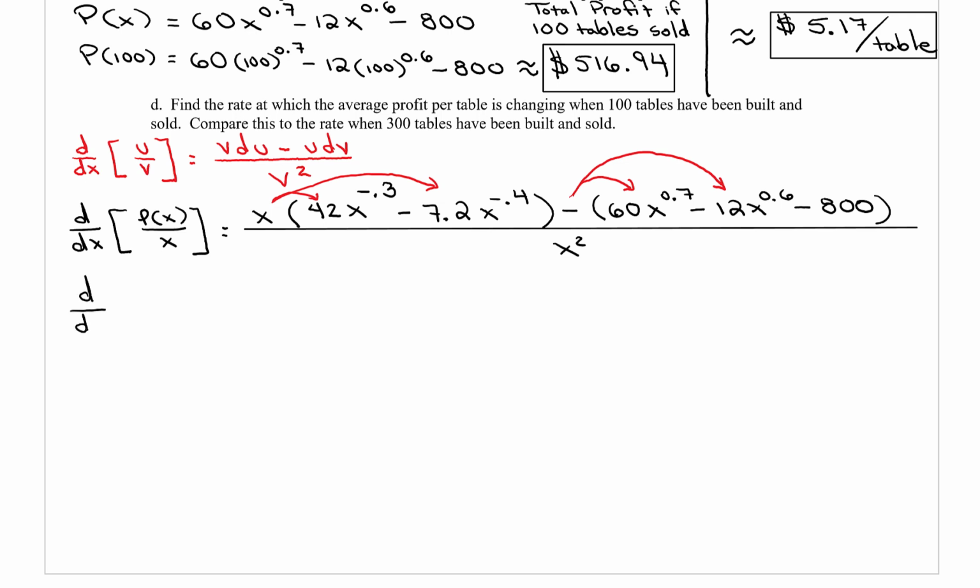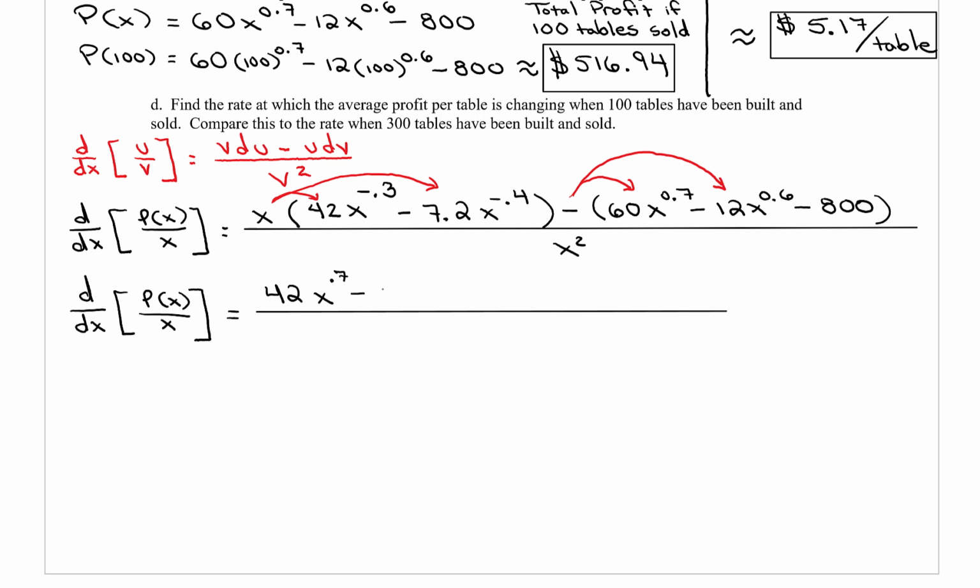It's going to be the derivative with respect to x of p of x divided by x is equal to, I'm going to draw a fraction bar. In the numerator of this fraction, I'm going to write 42x raised to the, I got to add 1 with that negative 0.3, that's going to give me 0.7 power minus 7.2x raised to the 0.6 power minus 60x raised to the 0.7 power, and then we have plus 12x raised to the 0.6 power plus 800 all over x squared.